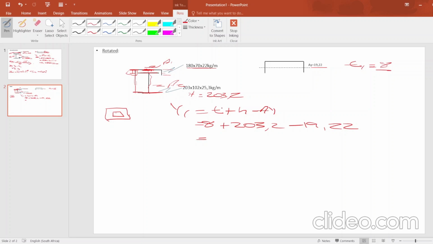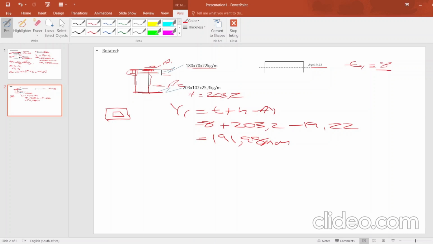Then we get our answer here as 8 plus 203,2 minus 19,22. Our Y1 we get here as 191,98 millimeters.